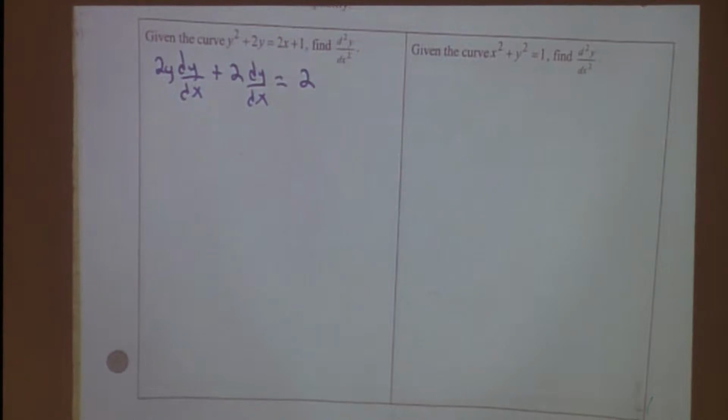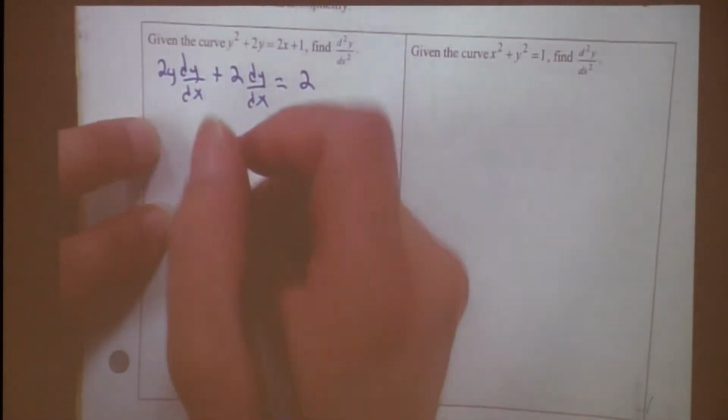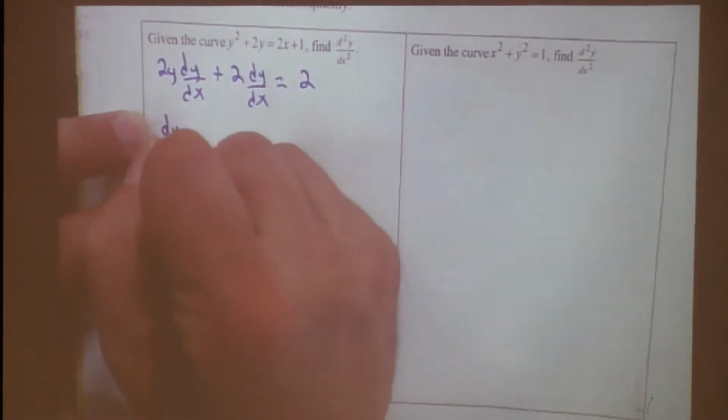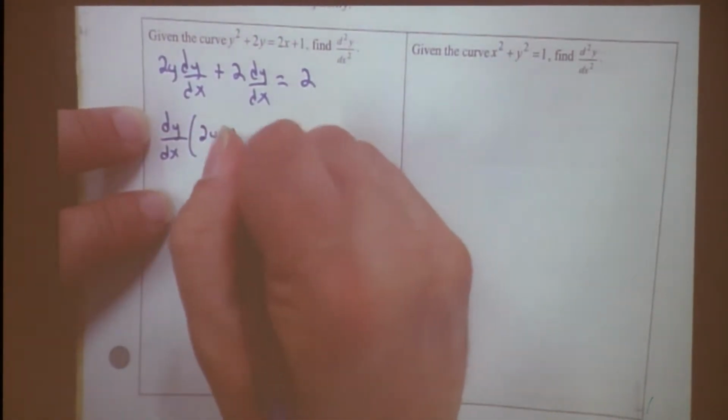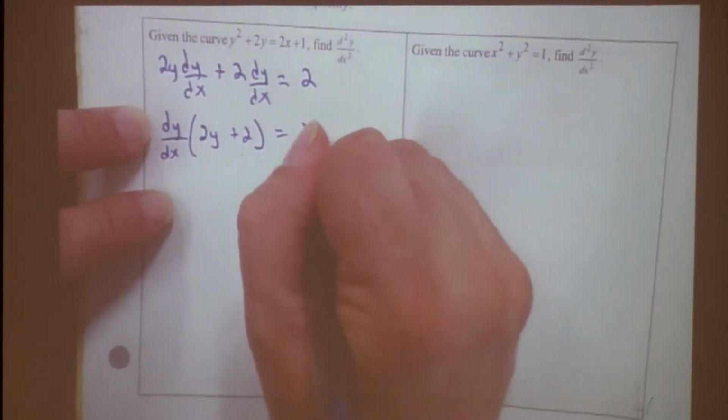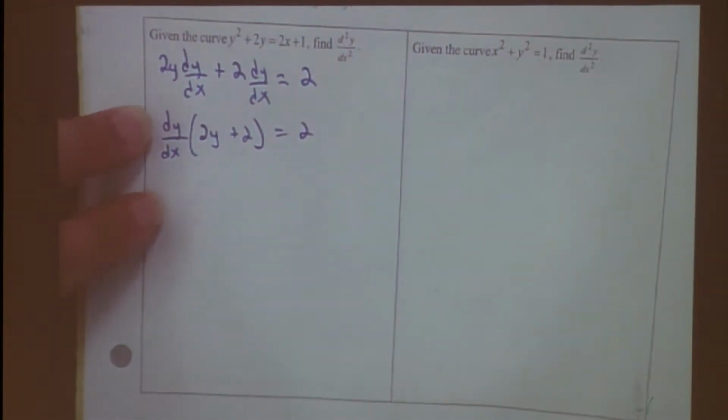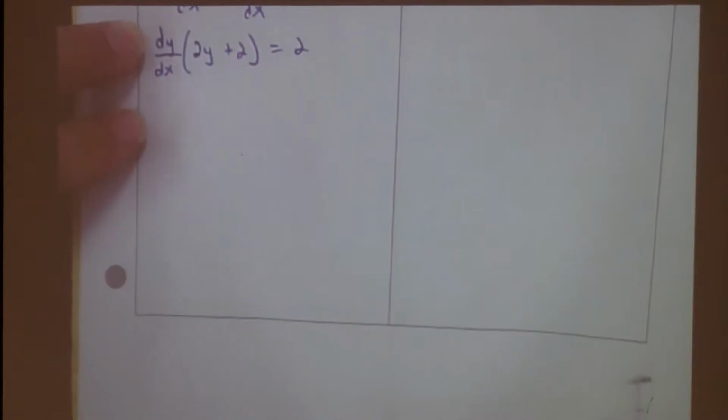Are the dy/dx's already on the same side? Perfect. So can we factor them out? Yes, dy/dx, and we get 2y plus 2 equals 2. This is the first derivative, which we have to find first in order to get the second one.